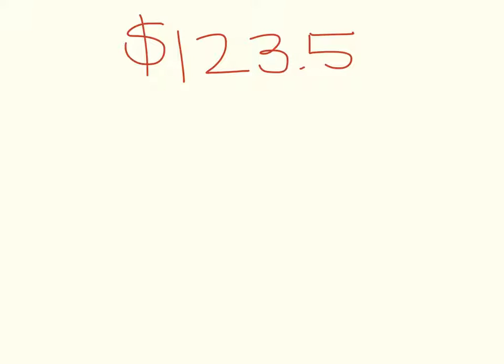Now, the first thing I want you to do is draw on your paper $123.56. You don't have to write in all these values, but you know that this is the hundreds place, this is the tens place, and this is the ones place.